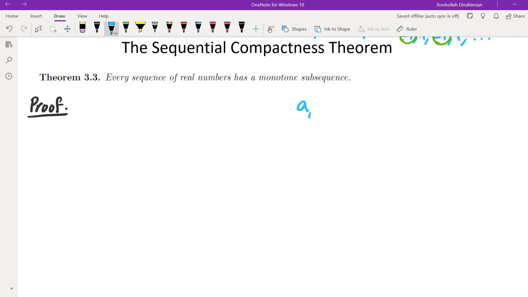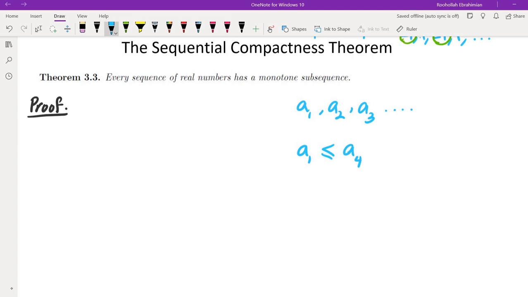So you have a sequence a1, a2, a3, etc. I would like to create a subsequence of this that is monotone. So let's just start from term a1. If there is something more than a1 in the sequence, let's say a4, then I will choose that. So I'm going to look for a subsequence that is increasing.